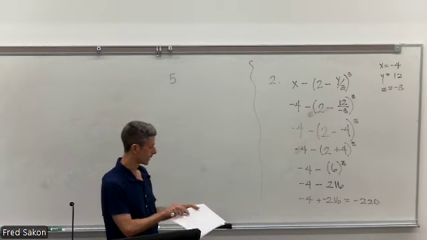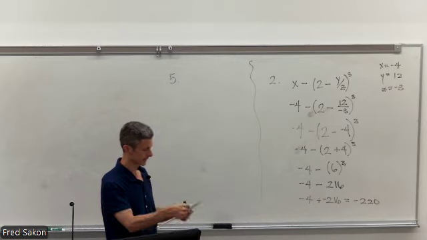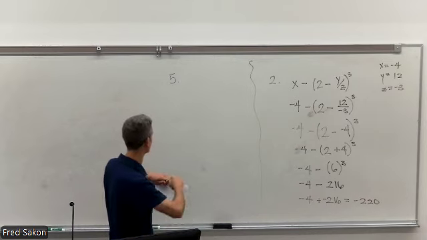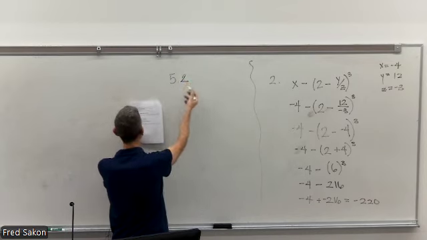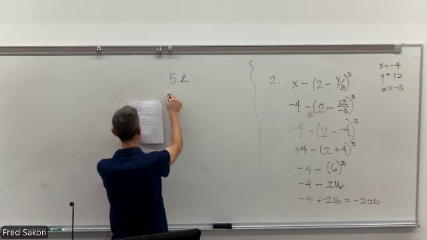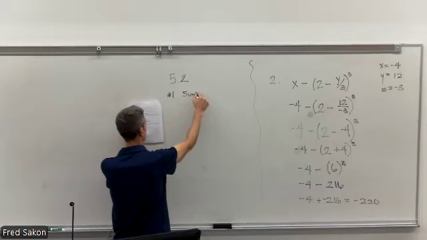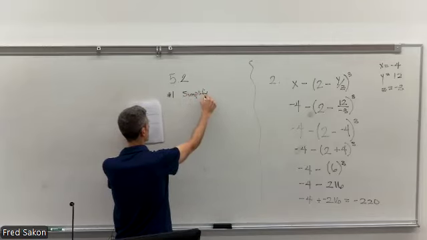And what I want us to do is start with that first example on the second page or the back of the first page. This is 5-2, example number 1, combining like terms. It says simplify. There's the word change there.